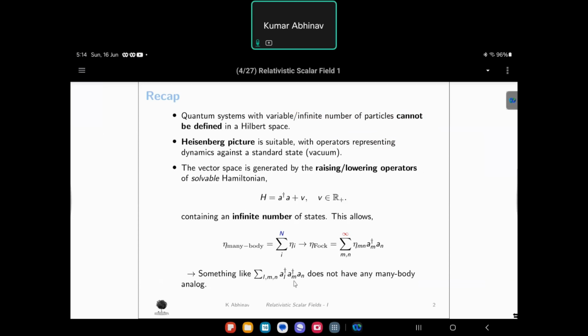But in the Fock space, you can define a physical process which corresponds to this, say, A dagger A kind of structure, that we see as quantum corrections in high energy physics or some complicated Feynman diagrams. All those kinds of effects which are not seen in single particle quantum mechanics are represented by such combinations.